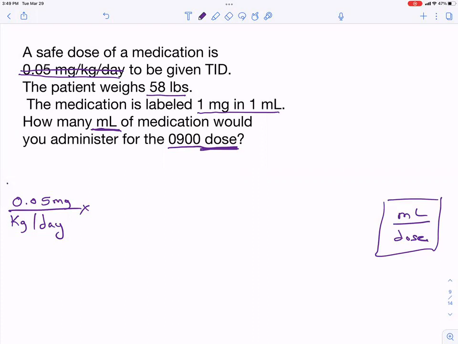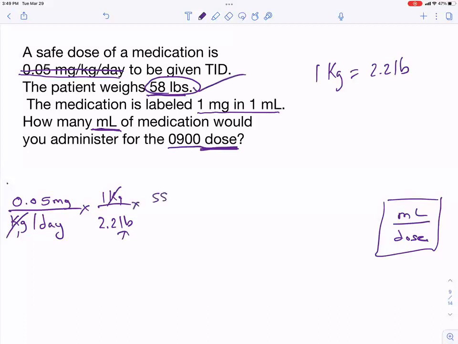How do I change kilograms? My weight is provided in pounds. Well, right away, I got to think I need a conversion. What's my unit path? 1 kilogram is 2.2 pounds. So I'm going to use that in my problem. 1 kilogram, 2.2 pounds. That gets rid of my kilograms, but now I've got pounds. So then I go to my problem. 58 pounds over 1, that gets rid of my pounds.